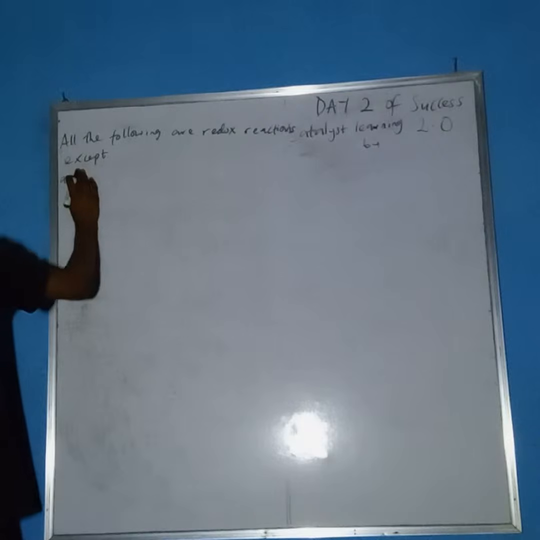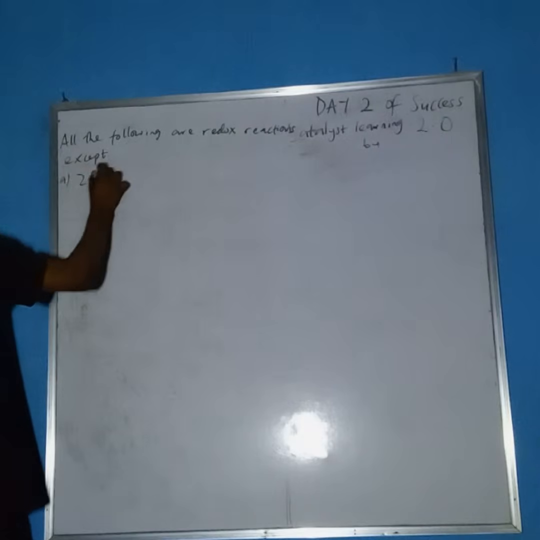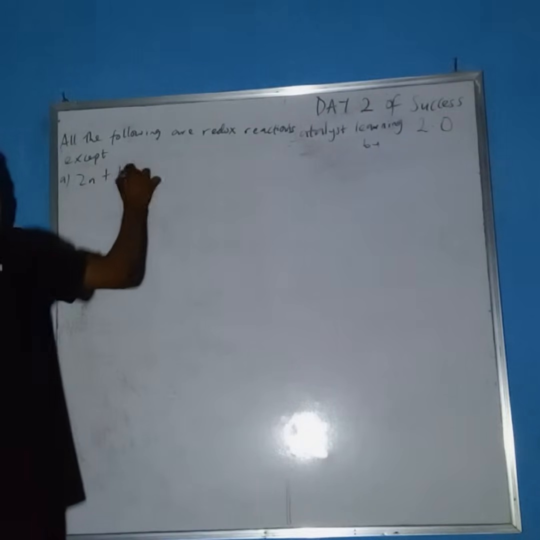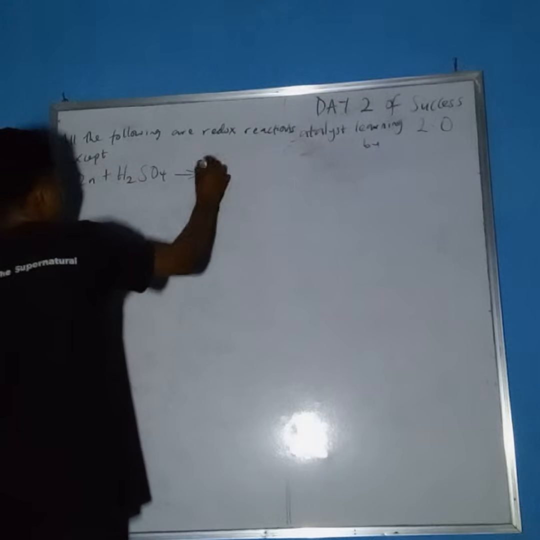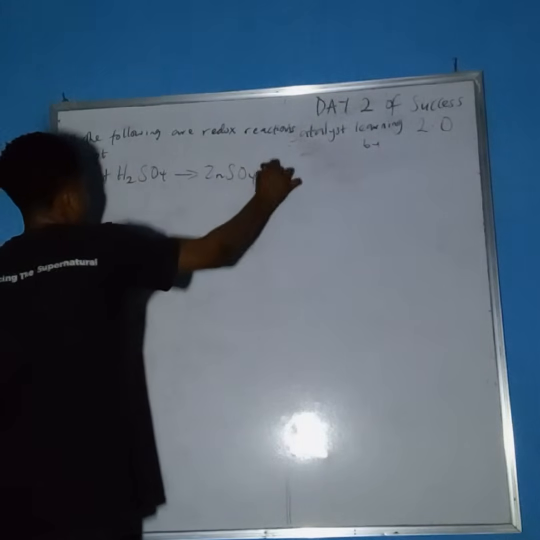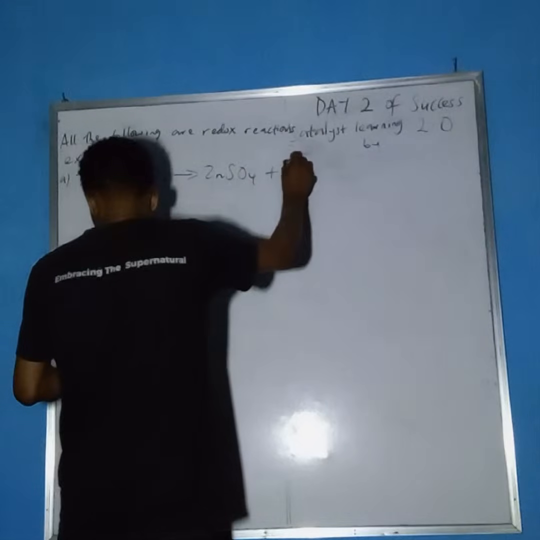Option A: zinc plus H2SO4 gives us zinc sulfate, ZnSO4, plus H2.